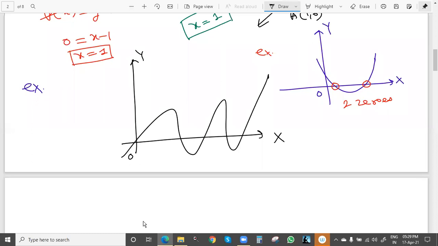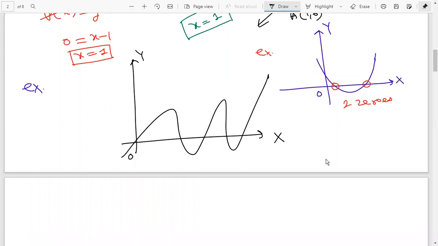So every time we have to see how many zeros are present in the graph. So the total zeros will be 5. Let me check, because the graph is cutting the x-axis at these points.